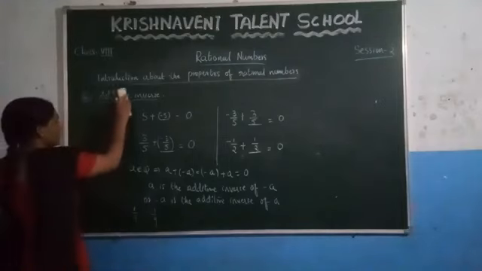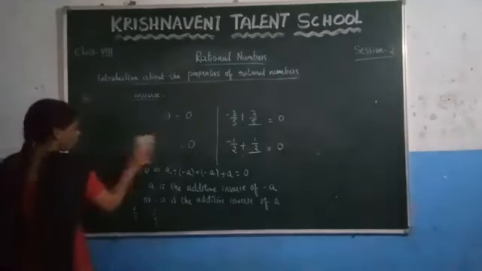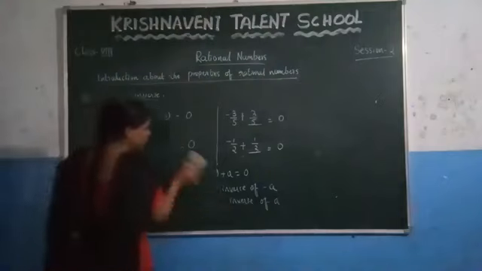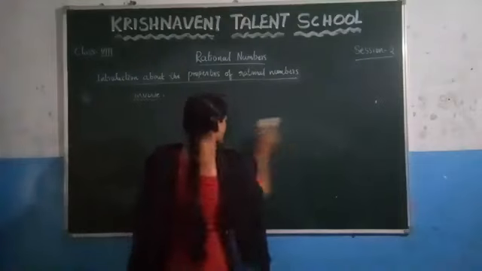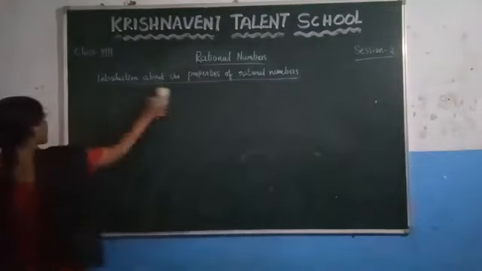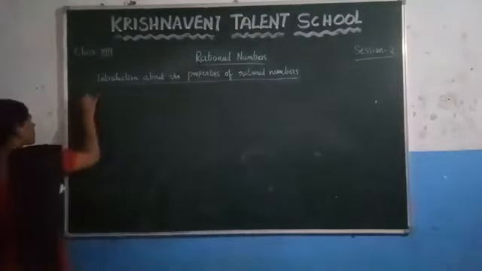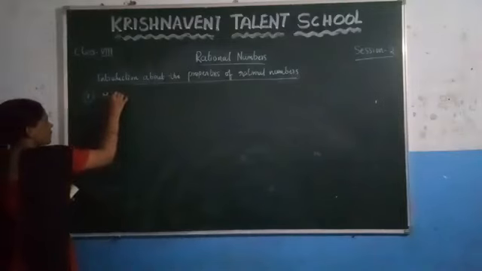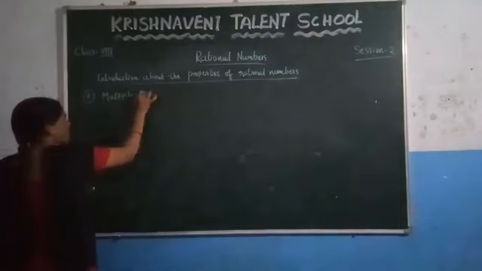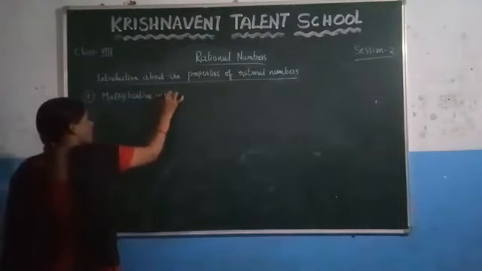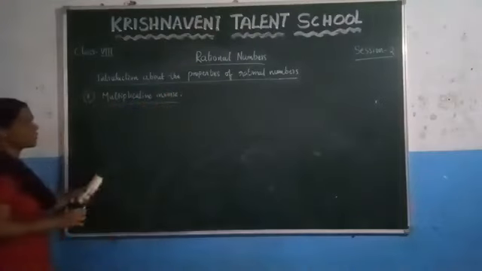What is the next property here? Multiplicative inverse. Next property is multiplicative inverse. Here what this property says, let us consider few examples.